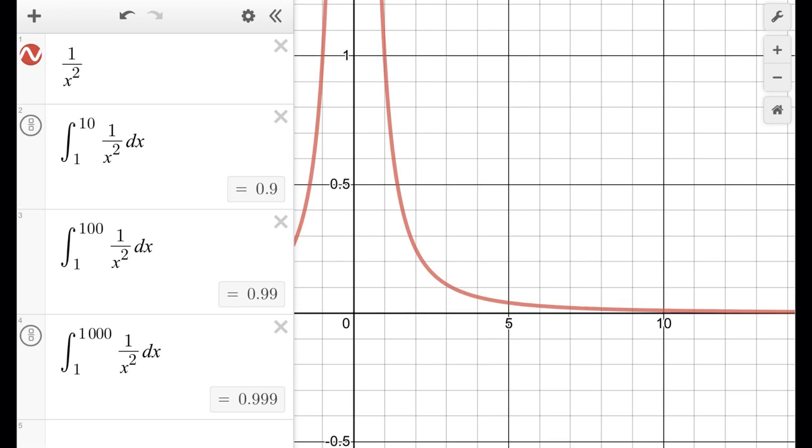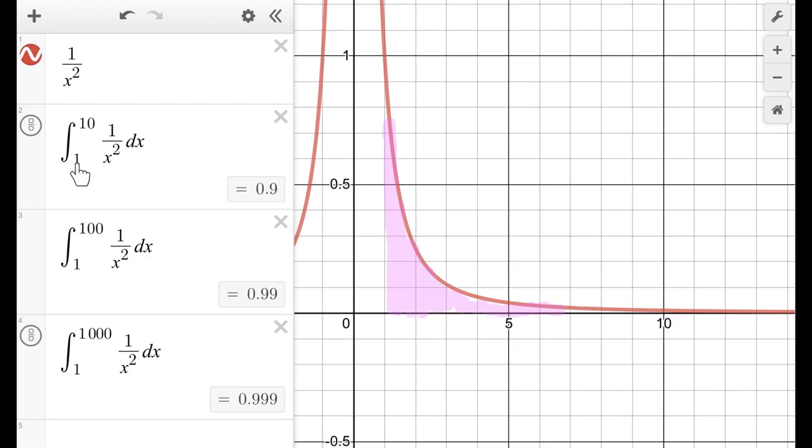So we really are looking at the area from 1 to infinity as that continues on out. And so this area, well, first thing you can see that yes, our function does approach 0. We didn't really address that, but our function does approach 0 for an end-behavior asymptote. And this area is approaching an area of 1.